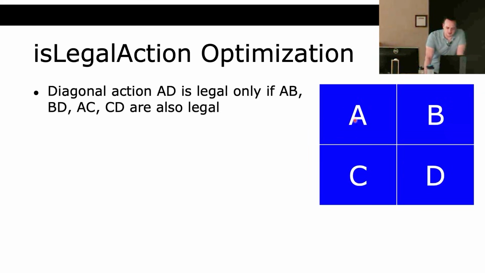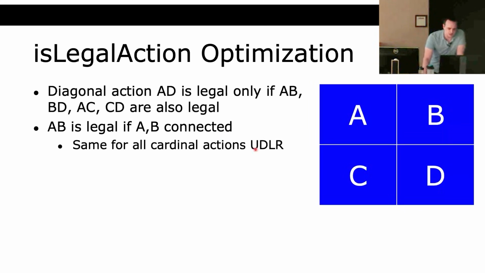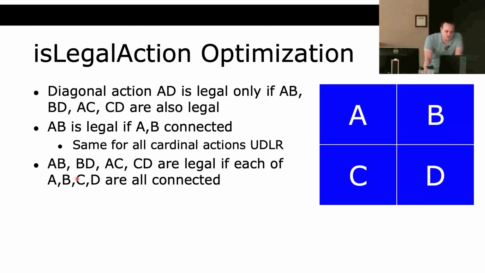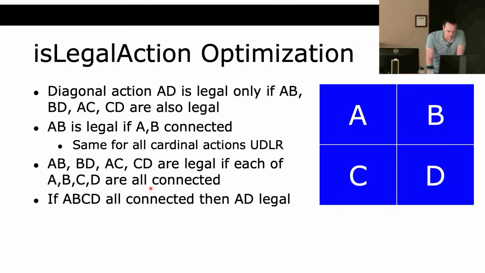For diagonal actions, look at AD. AD is only legal if AB, AC, CD and BD are also legal. AB is legal if A and B are connected. AB, BD, AC, and CD are legal if A, B, C, and D are all connected. So if you check all 4 of those to see if they're connected, then I know the diagonal action is legal.